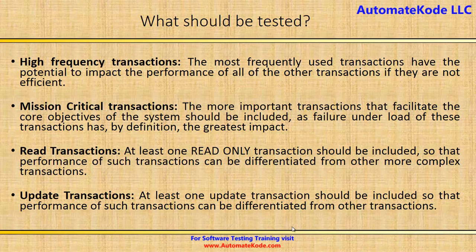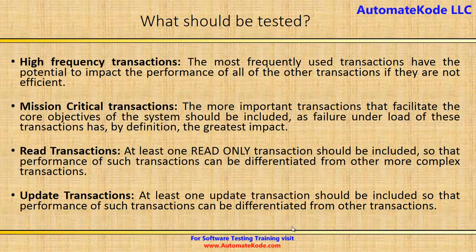Okay, what should be tested? High frequency transactions. The most frequently used transactions have the potential to impact the performance of all of the other transactions if they are not efficient. Remember, in a restaurant system, some of the food many people use, like one dish is very popular, let's say chicken tikka masala.